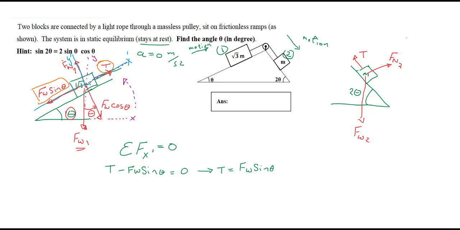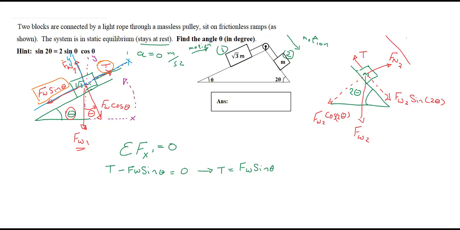We will resolve FW2, so it's going to be FW2 cosine 2 theta, because this is the given theta, and here FW2 sine 2 theta.